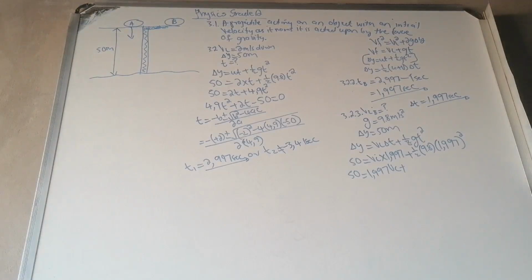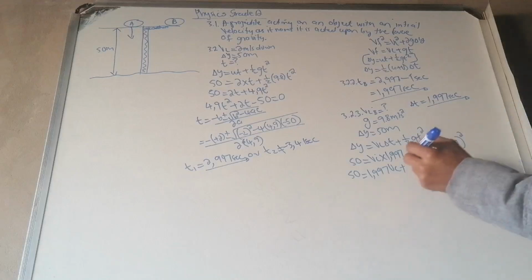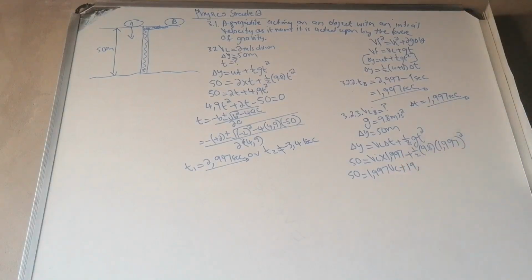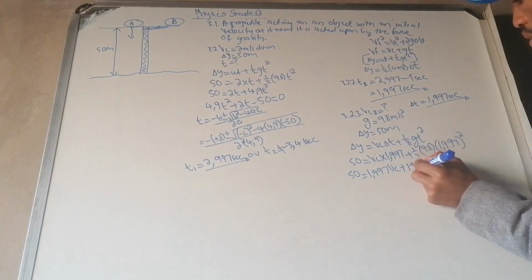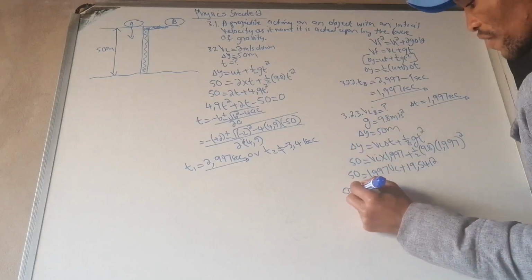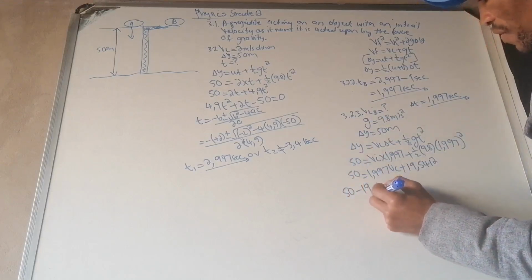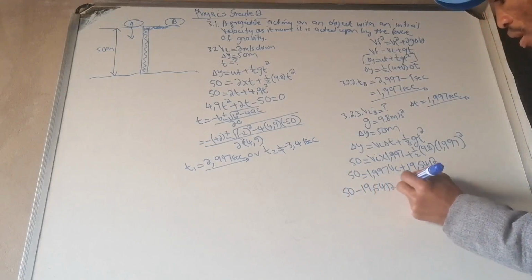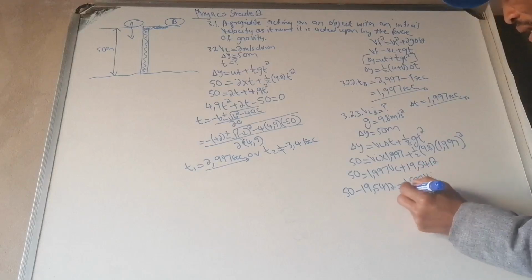0.5 into 9.8 into 1.997 squared, and I will get a value of 19.5412. Okay, take this to the other side. 50 minus 19.5412 equals 1.997 vi.